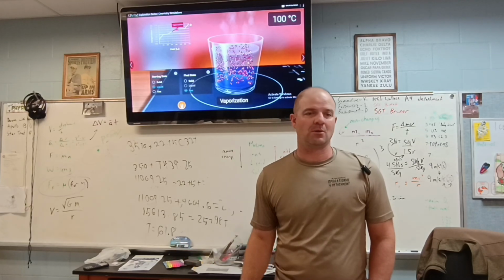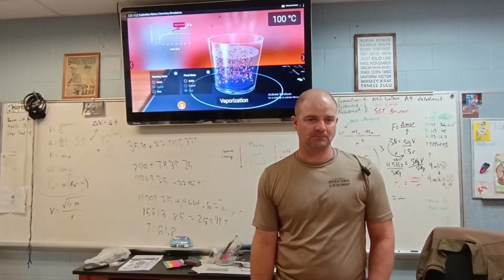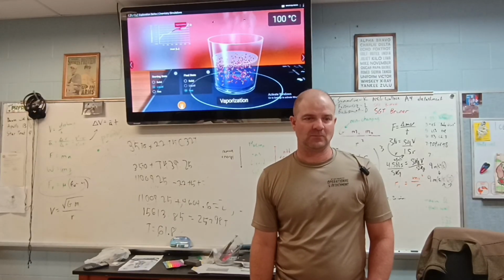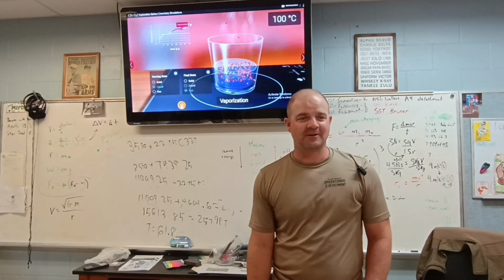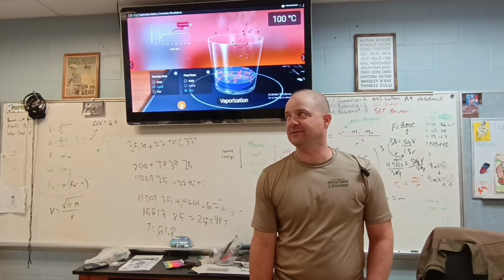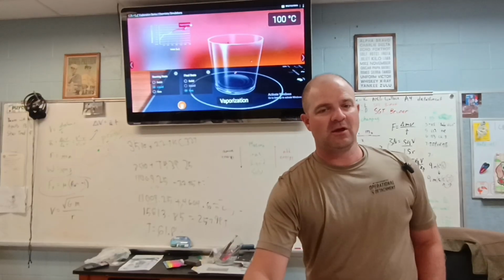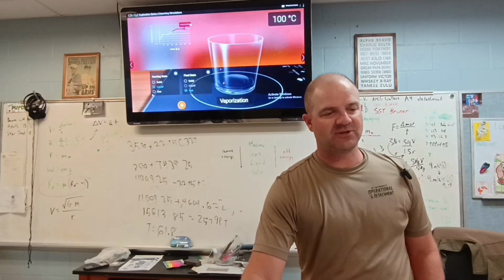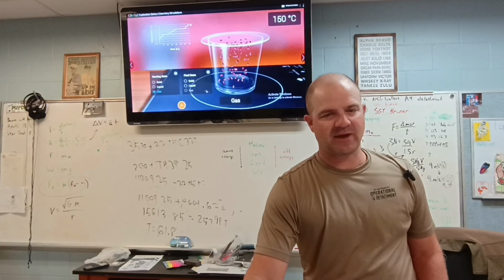Starting to boil. Yeah, it's going away. Boiling off. Still at 100 degrees Celsius until all of it's gone, and then you would see an increase in the water vapor temperature. And we can do the same thing going backward.